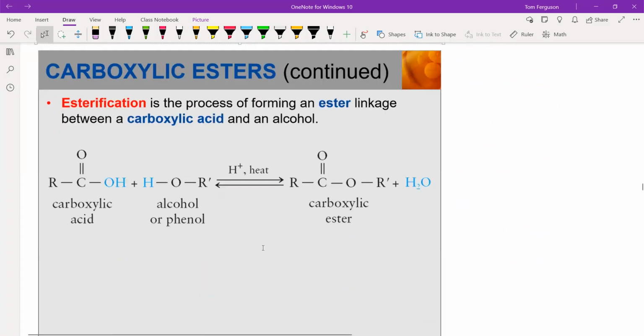Now, the process of forming an ester is called esterification. And now these can be aliphatic or aromatic alcohols.